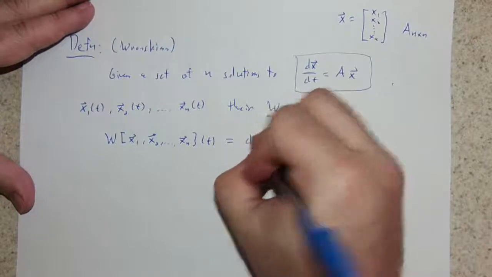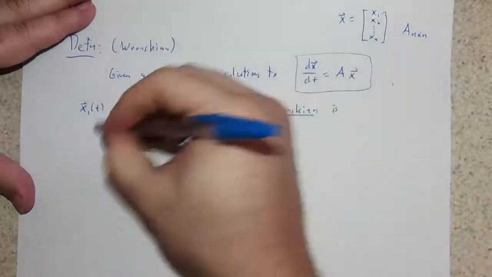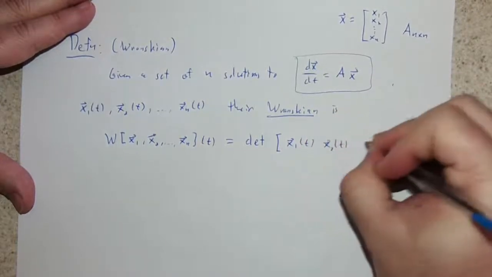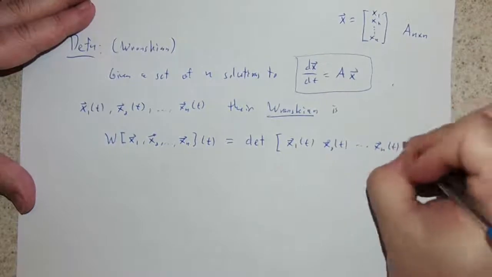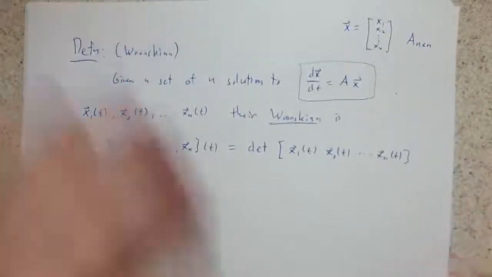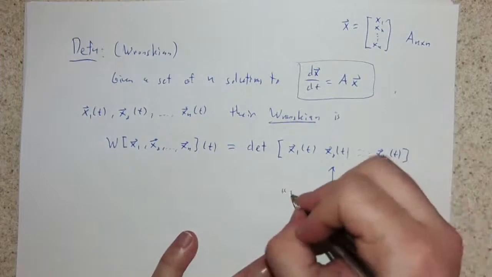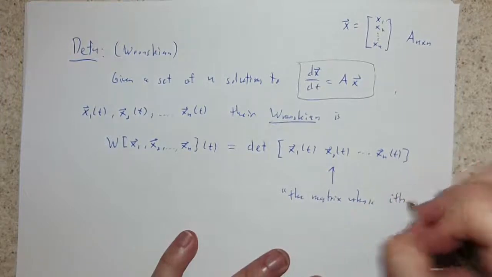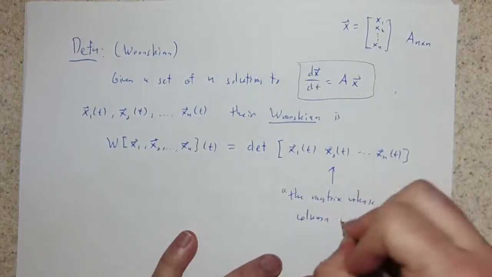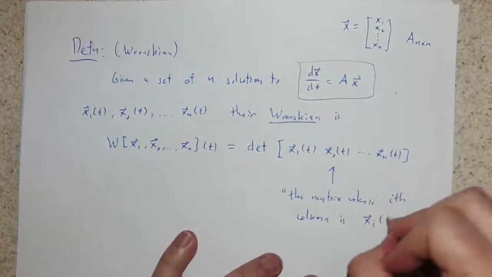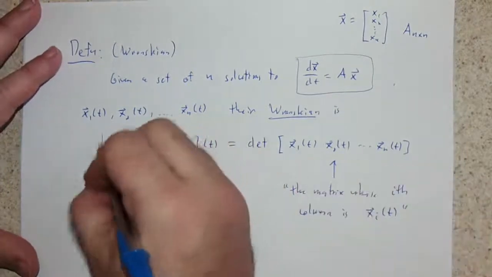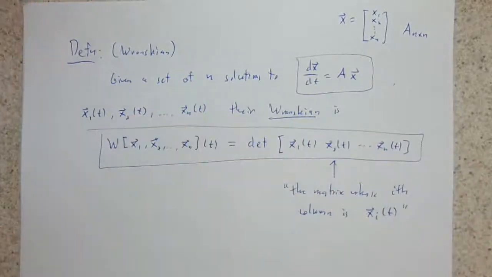This is the determinant of the matrix whose columns are x1 of t, x2 of t, and so on. So maybe I should specify that. This is the matrix whose ith column is x sub i of t. All right, so here is my definition of Wronskian.